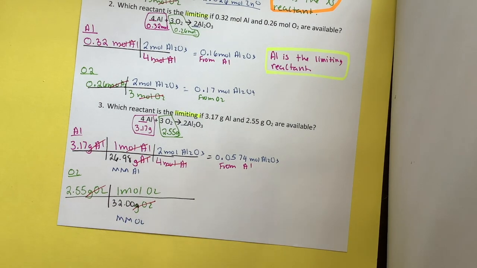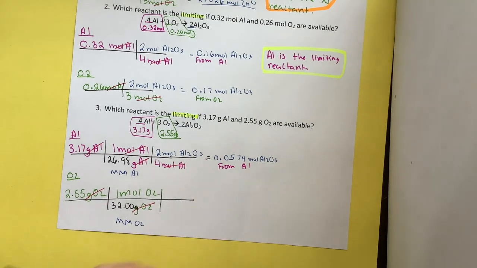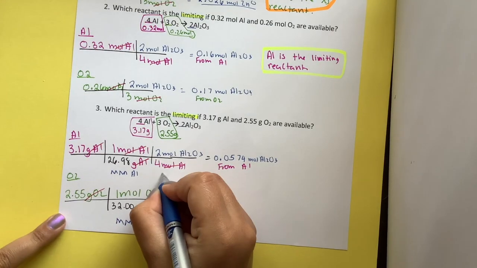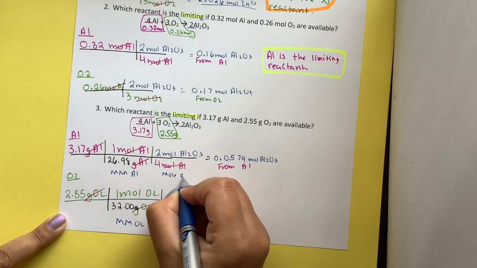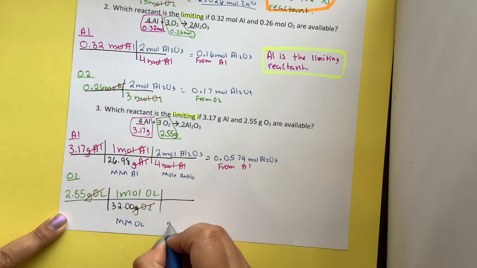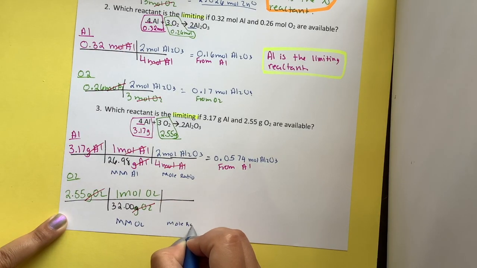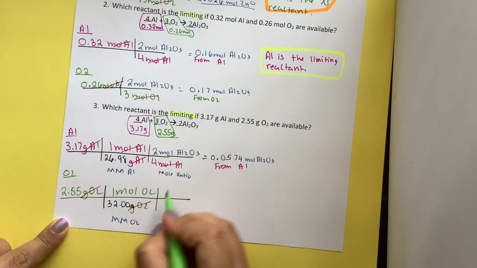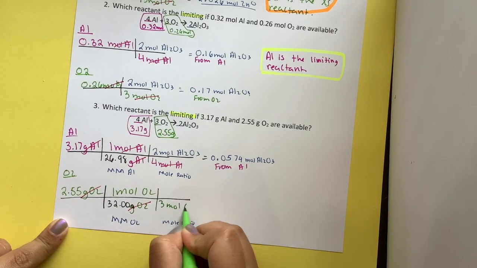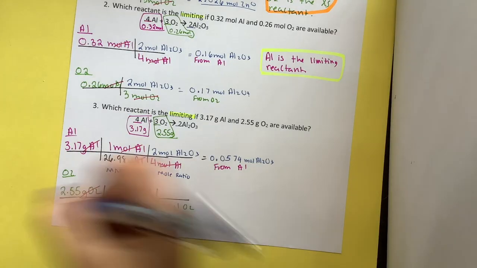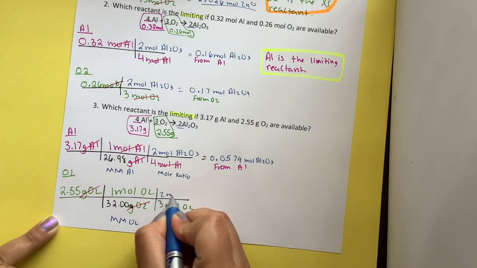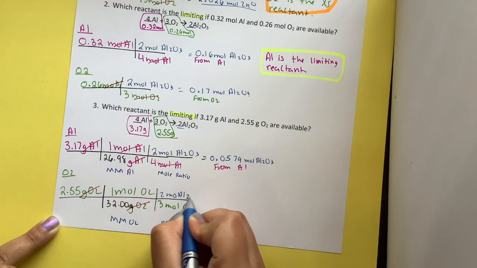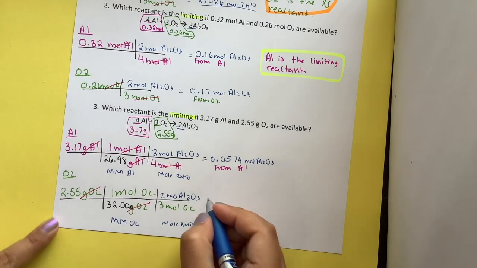Now that I'm in moles of oxygen, I can use a mole ratio. According to the equation, I have 3 moles of oxygen for every 2 moles of Al2O3, aluminum oxide.